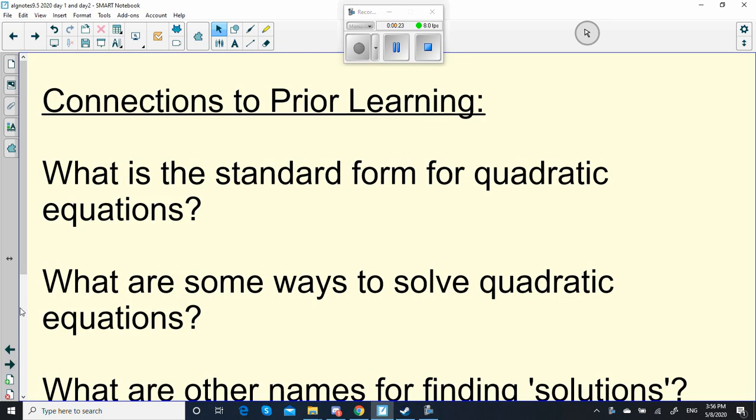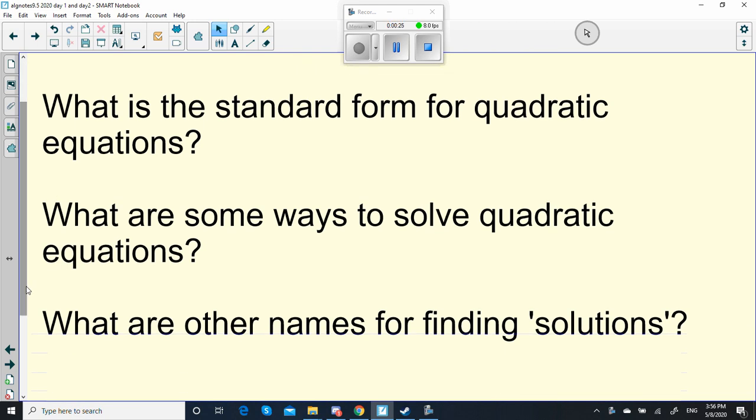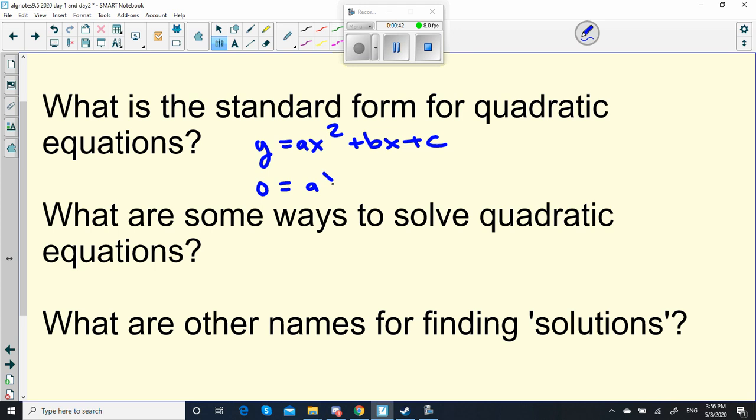Okay, so these are all questions hopefully you have some familiarity with. So standard form of a quadratic equation: y equals ax squared plus bx plus c. A lot of times we change that y to a 0, so that we can either factor or solve or do what it is that we're doing.